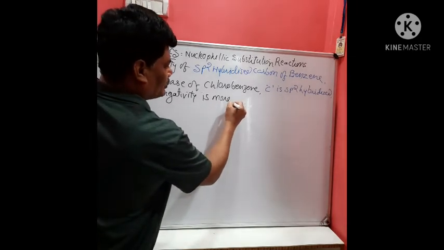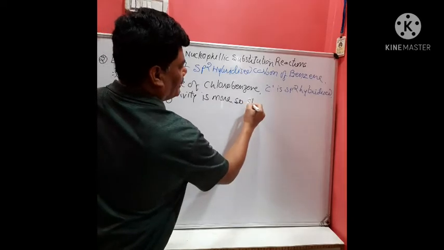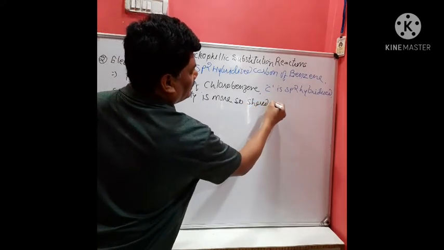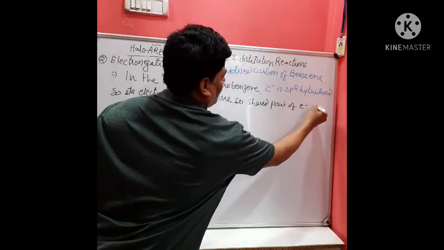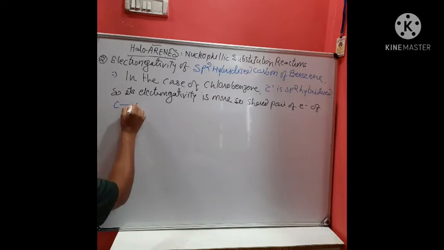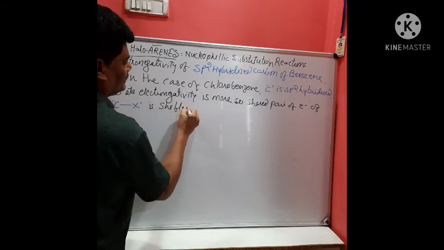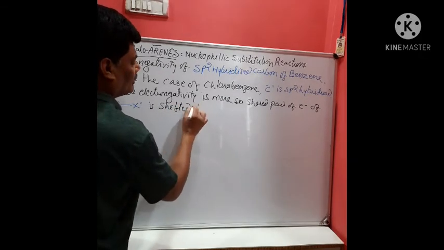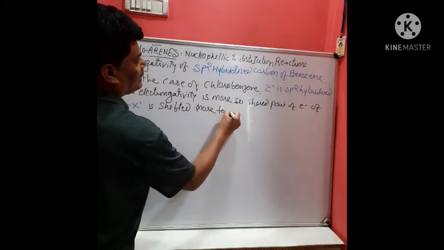So the shared pair of electrons of the C-X bond is shifted more towards carbon.